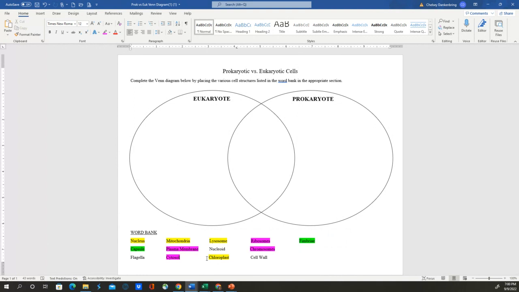The reason I'm emphasizing that is there are a few accessory structures that you might see on a prokaryote, you might see on a eukaryote. So these next two can be on either type of cell, and that's going to be flagella. Some eukaryotes have flagella, some prokaryotes have flagella. Same purpose, motility to move around, but structurally they're a little bit different.